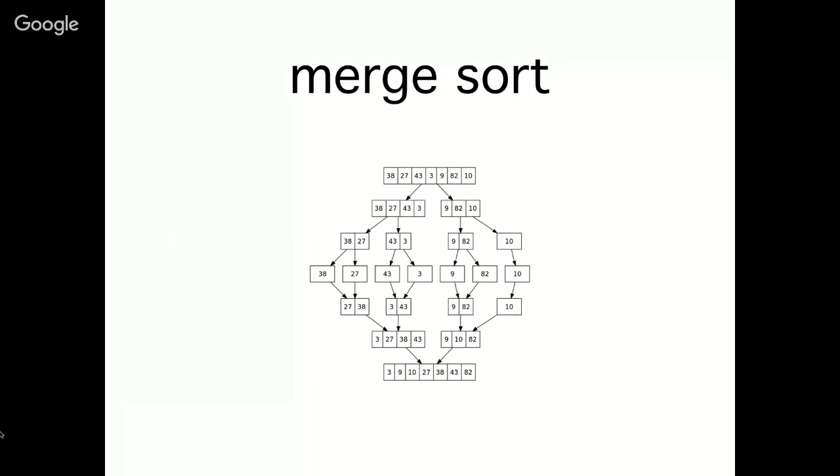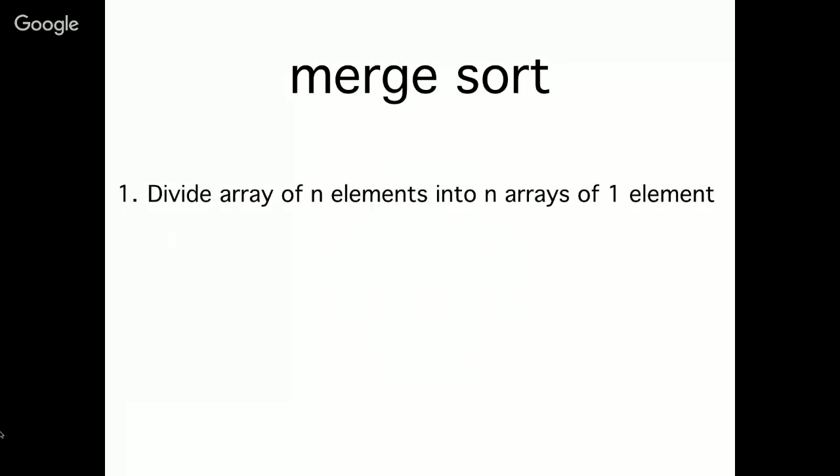And again, you look at the front of each list because they're in order, and you compare the 3 to the 27. So you use the 3, you compare the 43 to the 27, use the 27, you compare the 38 to the 43, and then you have the 38 and the 43. And so this is a much more efficient sort, and we'll explain why, and you'll be able to demonstrate why.